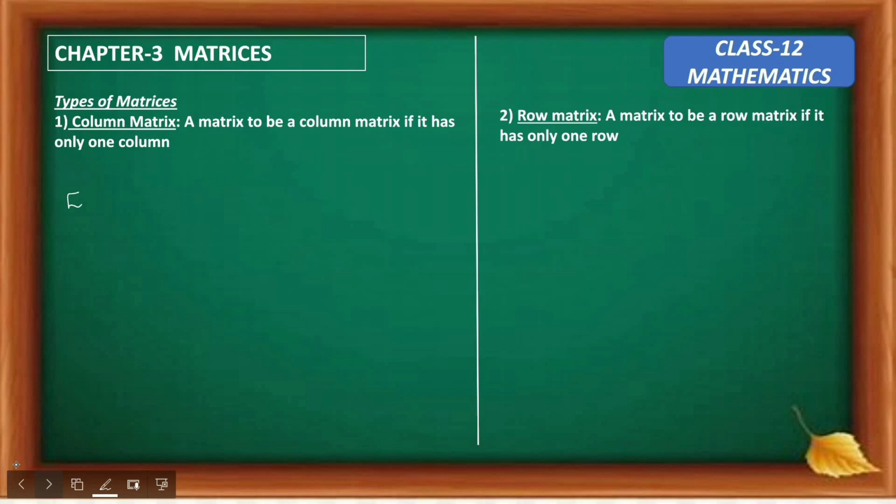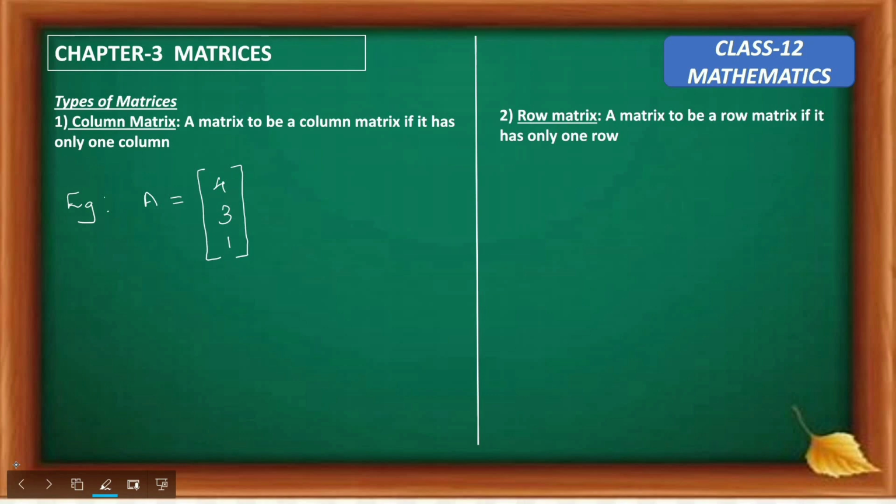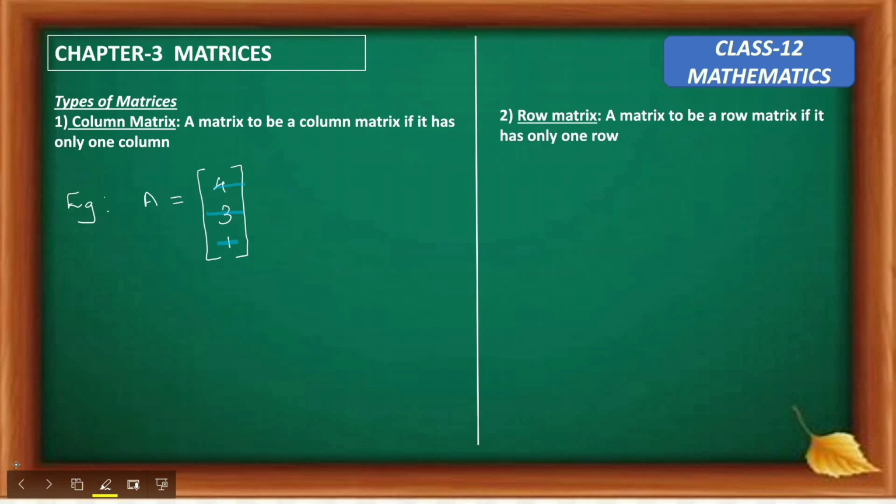We can see one example. A equal to 4, 3, 1. What is the order of this matrix? How many rows are there? You can see the number of rows: 1, 2, 3. 3 rows, and the number of columns, only one column.